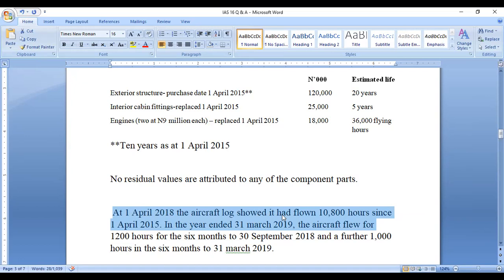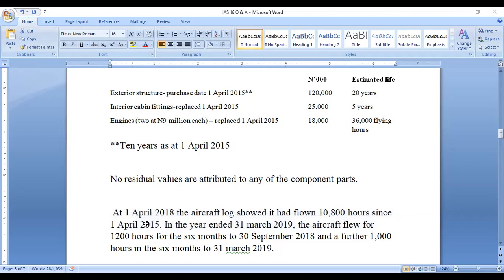Is everything together? So we'll take that one first. That means we're going to calculate the carrying amount, of course removing the accumulated depreciation.